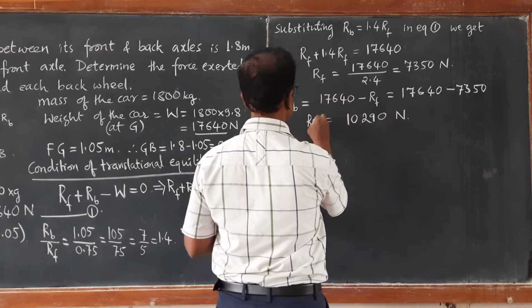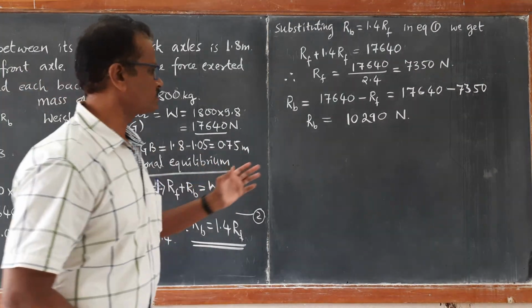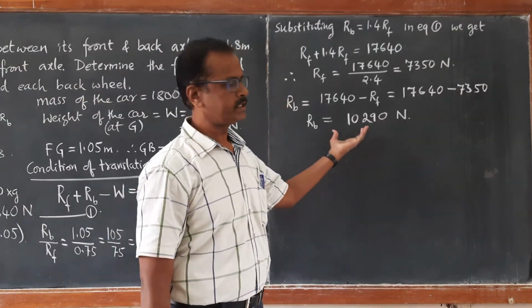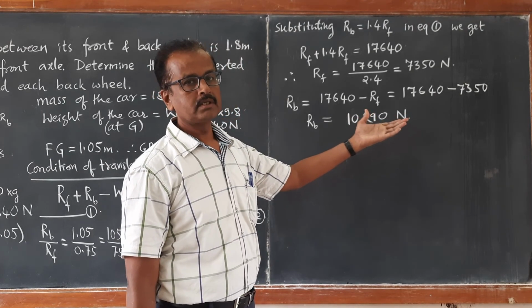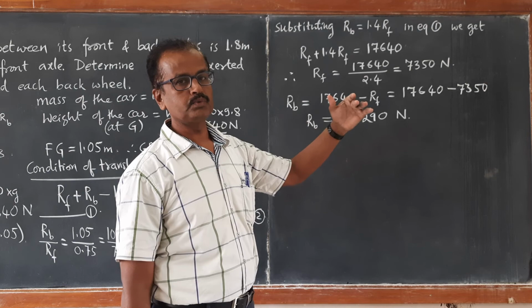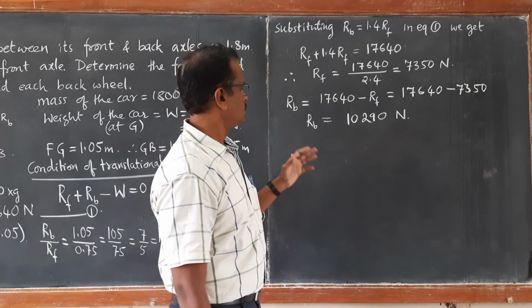This is the total reaction force on the back wheels. Naturally, the total reaction force on the back wheels will be more because the center of gravity is close to the back wheels.